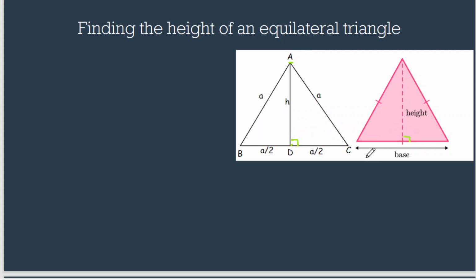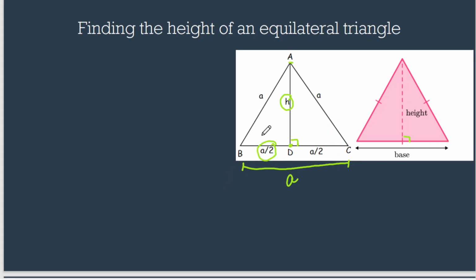Always remember that the altitude makes a 90 degree angle with the base. And the length of the height is given as h. Since D is the midpoint, we have drawn it by construction, so it will be half of a, that is a by 2.